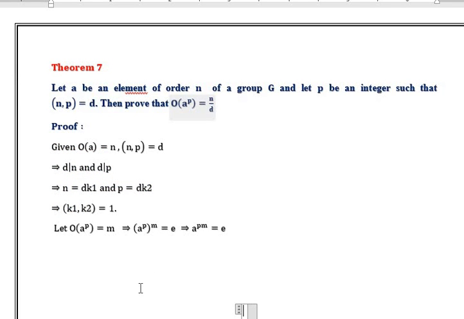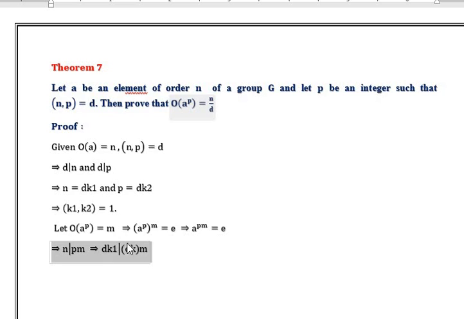Let order of a^p be equal to m, which implies (a^p)^m is equal to e, that is a^(pm) is equal to e. This implies that n divides pm, which implies dk1 divides dk2 m, because n is equal to dk1 and p is equal to dk2.